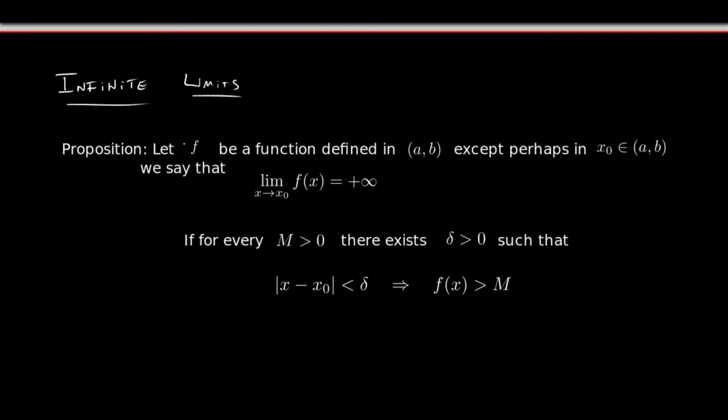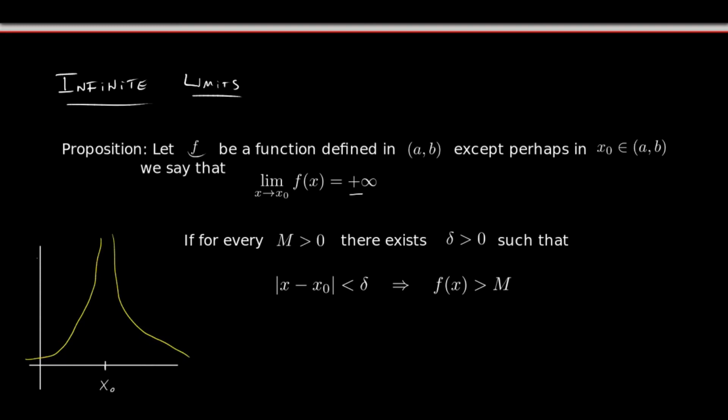The definition of an infinite limit is: we have a function f, and we say that the limit of f when x tends to x0 is plus infinity if for every positive m there exists a delta such that when we take values of x between x0 minus delta and x0 plus delta, then the values of our function are greater than this number m. Graphically, if we have this point x0, then our function is doing something like this.